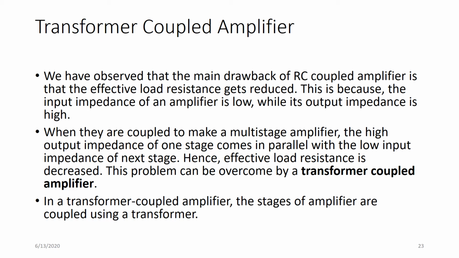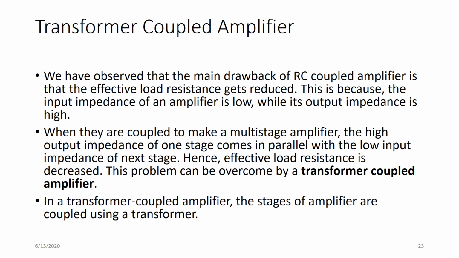Transformer coupled amplifier. How is it better than the RC coupled amplifier? Let us see. From the drawback of the RC coupled amplifier, the effective load resistance gets reduced. This is because the input impedance of the amplifier is low while its output impedance is high.